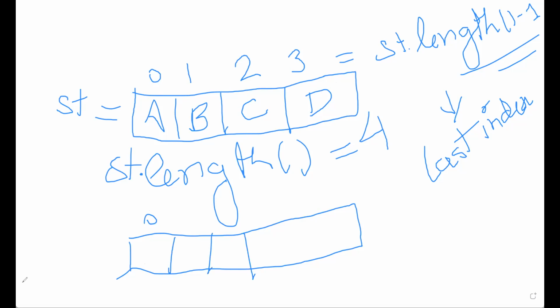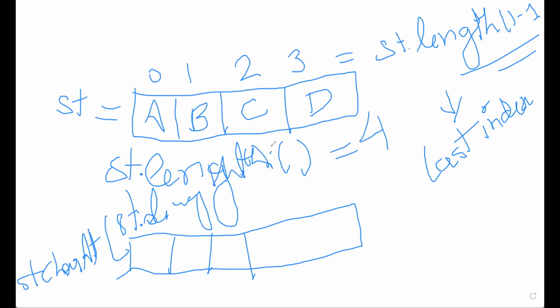We will bring st dot charAt st dot length minus 1 here in the first position. D. Here we will bring C, B, A, and the string will be reversed. Let's see how we are going to do this.